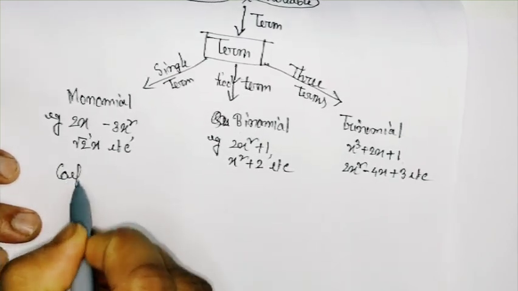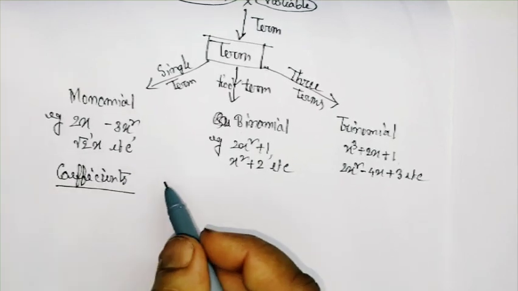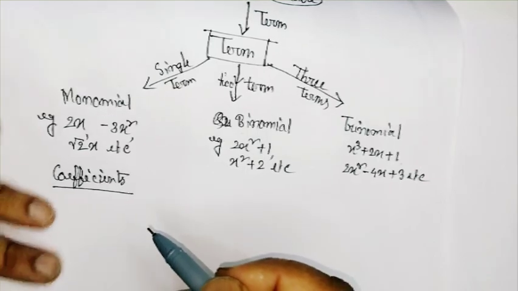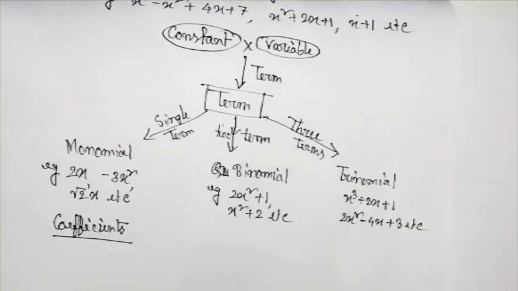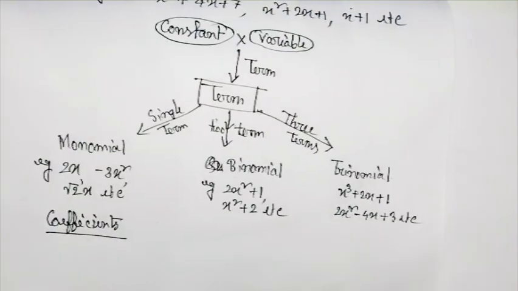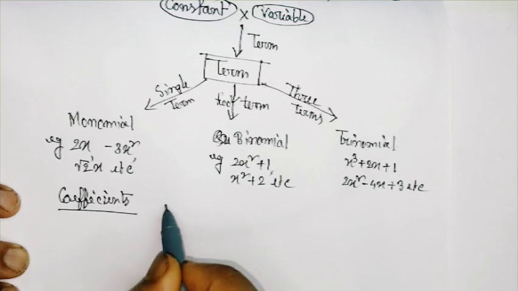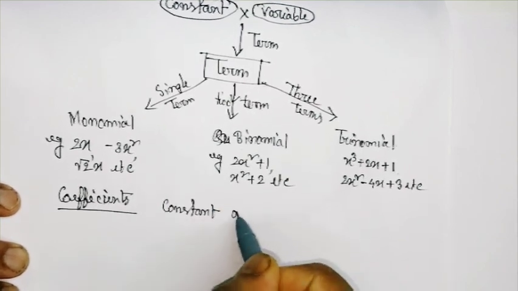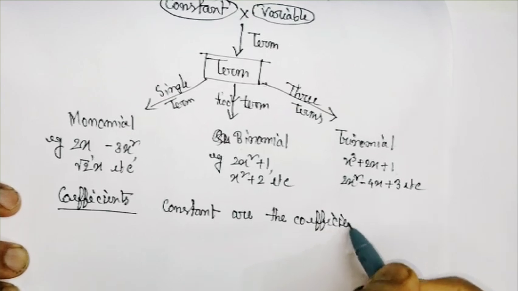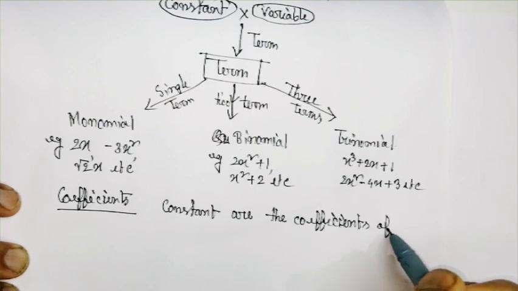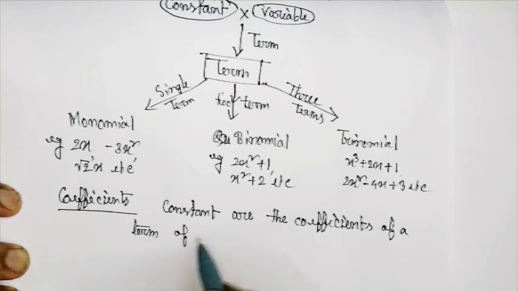Again, coefficient. The constants are the coefficients of a term of the polynomial.